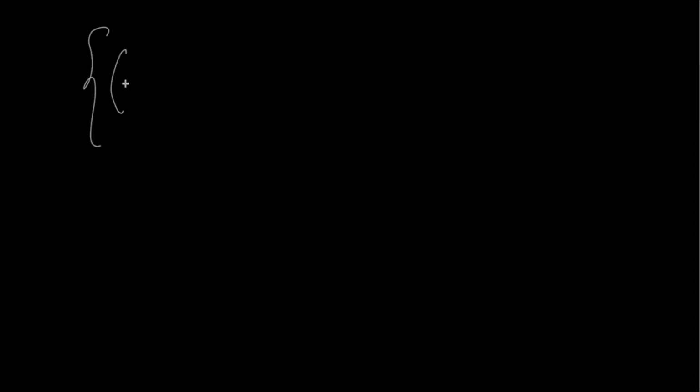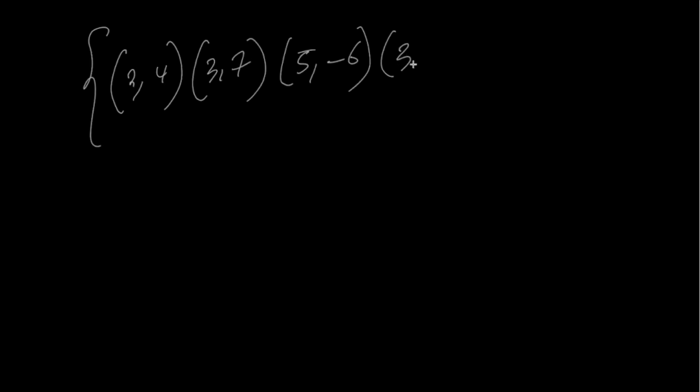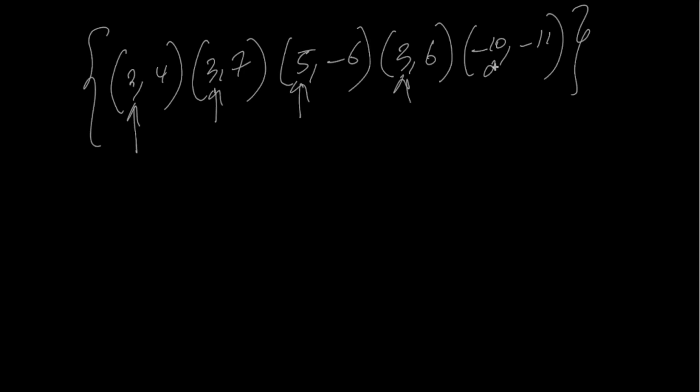If I have these coordinates, say 2 to 4, 3 to 7, 5 to minus 6, 3 to 6, say minus 10 to minus 11, and so on and so forth. If I have something like this, these are sets of values. This first one represents what? The domains. These are the domains, which is the x. While these other ones are the range, which is the y.